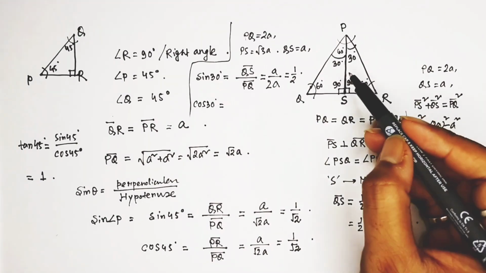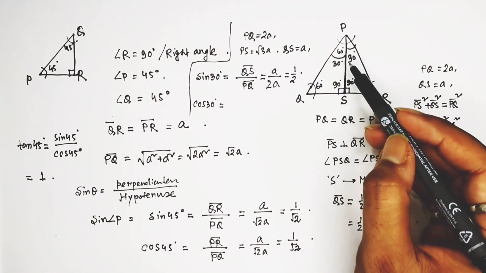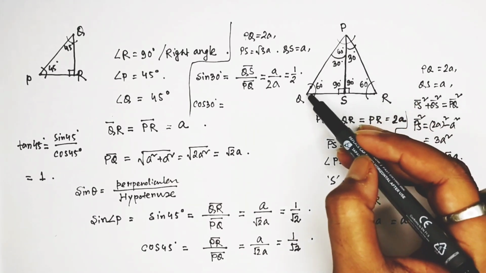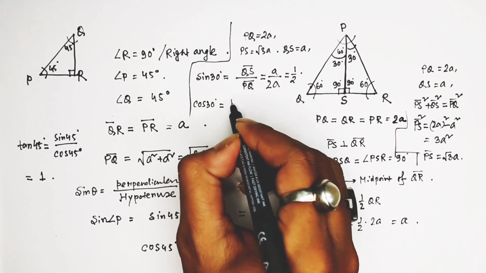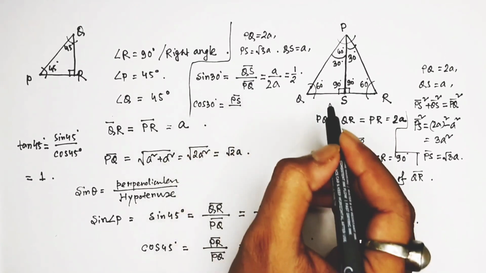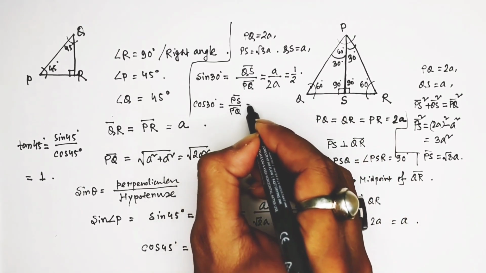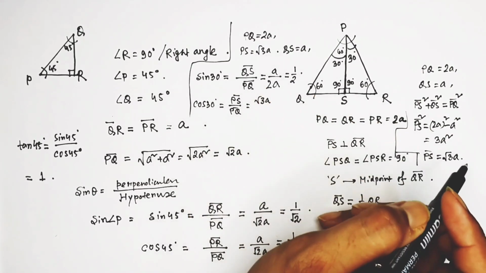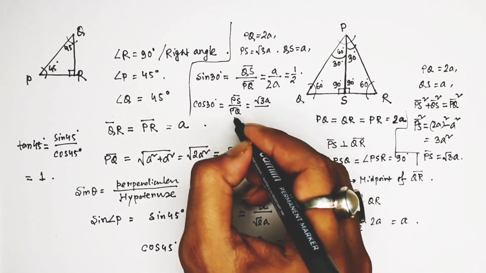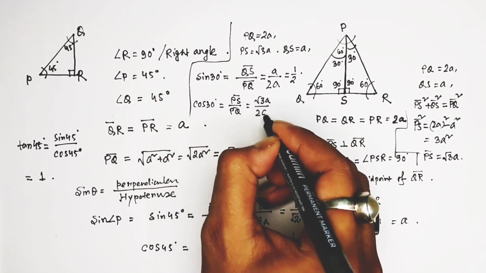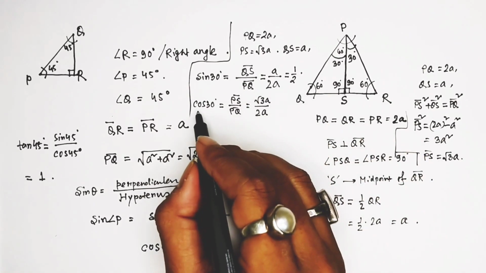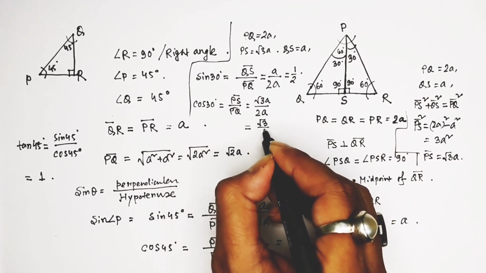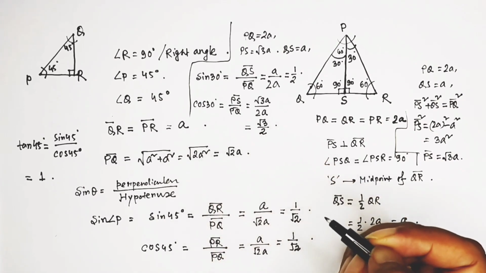With respect to angle 30, the base is PS and hypotenuse is PQ. So cos 30 equals PS divided by PQ. The value of PS is root 3 into A, which we already calculated, and the value of PQ is 2A. So the value of cos 30 is equal to root 3 divided by 2.